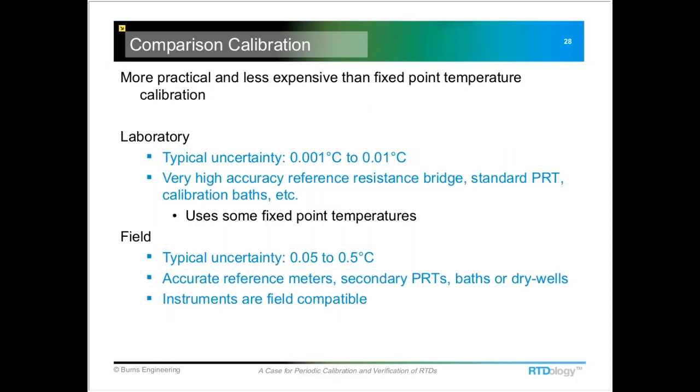I know we do at least 10 times in our lab here. Accuracies that can be obtained in a lab range from about 0.001 C to maybe 0.01, and in the field 0.5 degrees C.